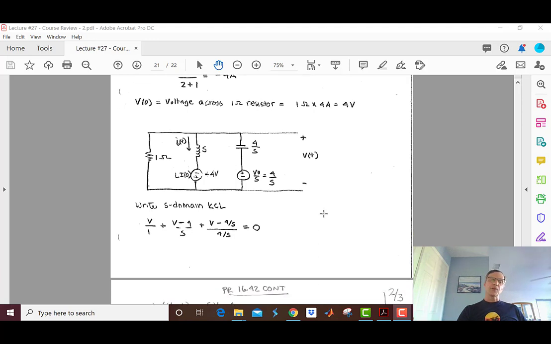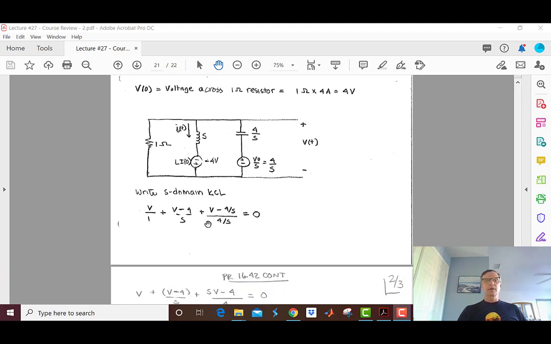So what do I do? I'm going to be the seagull here and say, I guess I can write a current equation at this node. So here's my V. I've got V over 1, plus V minus 4 over S, divided by, sorry, look at these signs carefully.